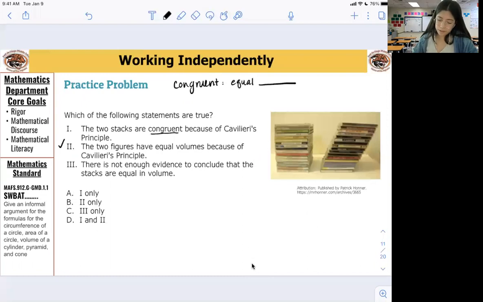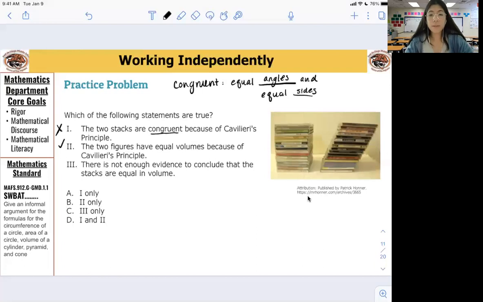Equal angles and sides. Would this have the same angles? The base and the length might be the same measurements, but we know that this is going to be longer than this one, so they don't have equal sides either. So they're not congruent.